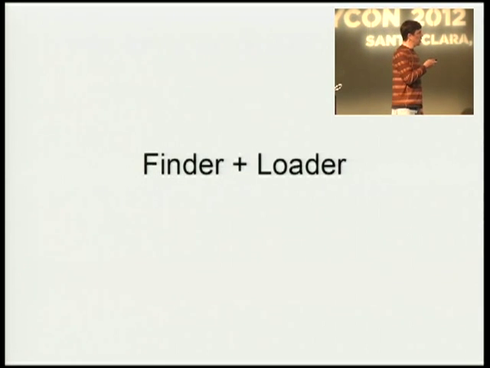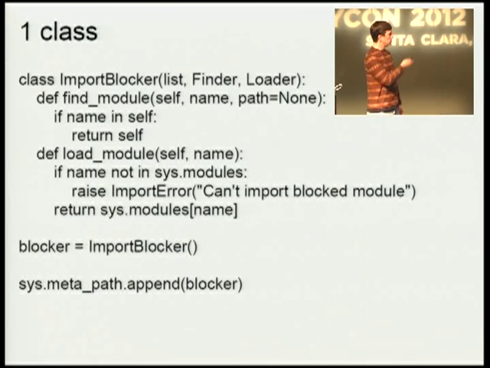All right. So now, what if we want to combine those into one class? This is really the same thing here. We're going to add this import blocker, which is now a finder and a loader, onto the sys.meta_path, or an instance of it. And we can do this so that, somewhere else, maybe we want to add extra module names on there, and so we have access to that blocker.